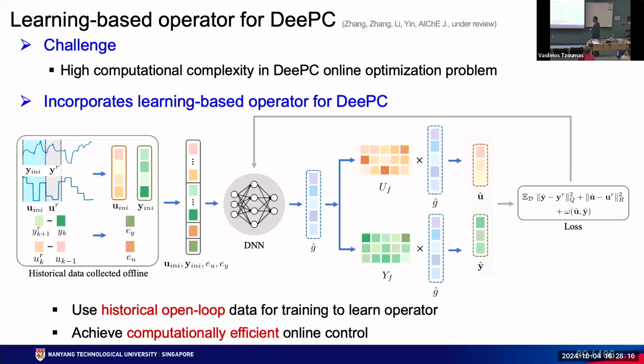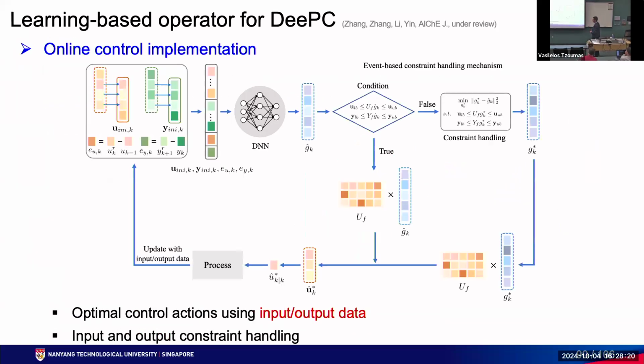Based on this consideration, we incorporate a neural network into DPC. The idea is that for the g vector, we used to solve the convex optimization, but now we train a neural network to output this g vector. Very simple idea, but we tested it.